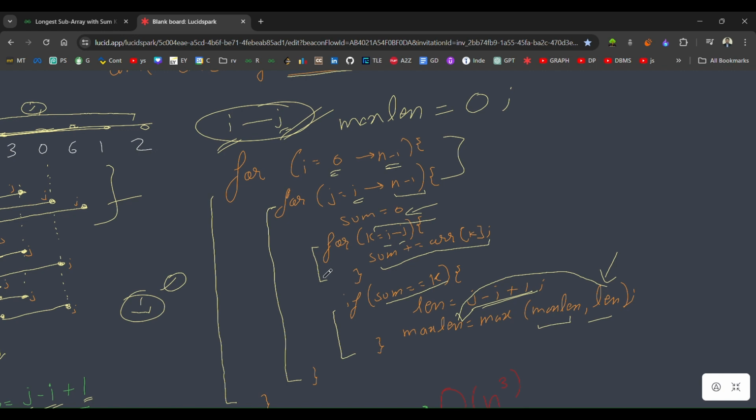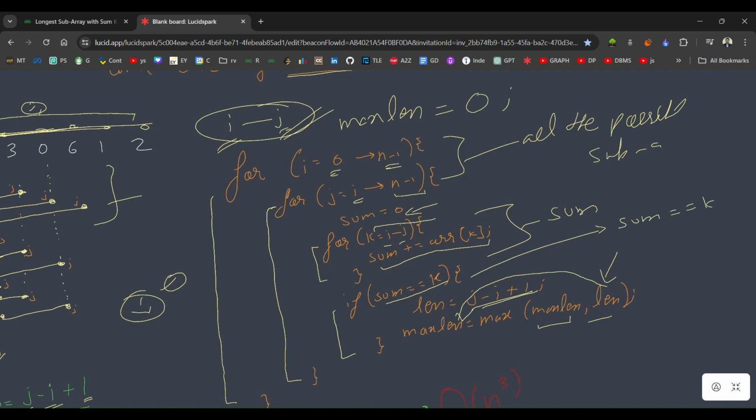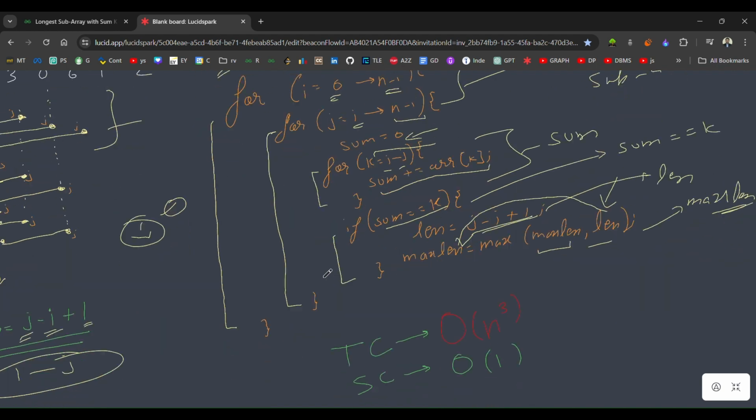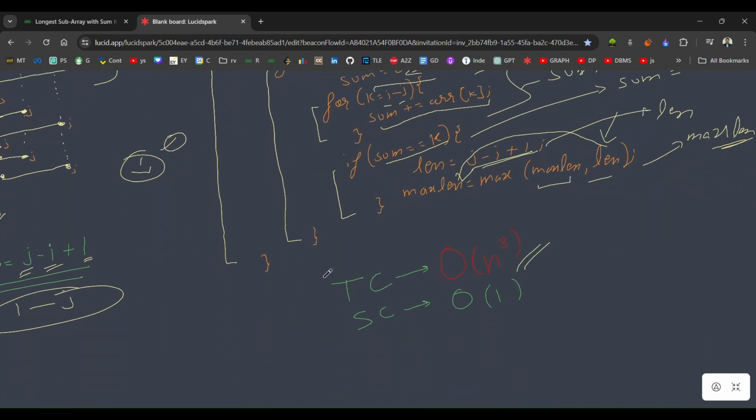So likewise, it will go to all the possible subarrays and get their sum and check whether sum equals k or not. If it is, it will get the length and get the maximum length also, right?